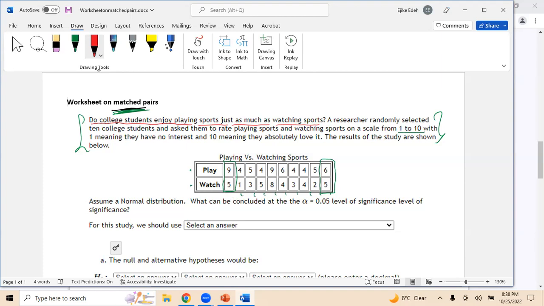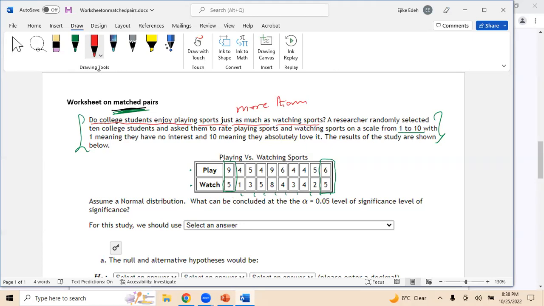So pay attention to the way this question is structured. I could change it slightly, and say, do college students enjoy playing sports more than watching? That's another way to state the question.